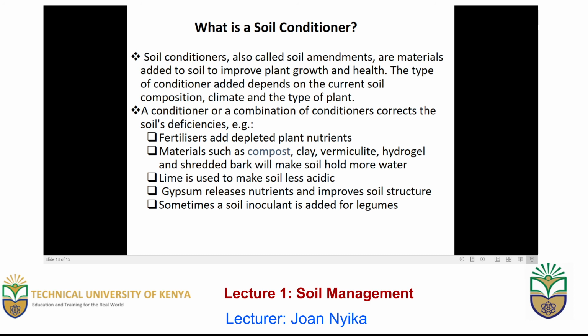Lime can be used to make a soil less acidic. Gypsum ensures that the soil is able to improve its cation exchange capacity so that nutrients are available in the ionic form for the plant, and also improves the soil structure. Sometimes some soil inoculants can be added for legumes to ensure that they improve the amount of soil aeration.